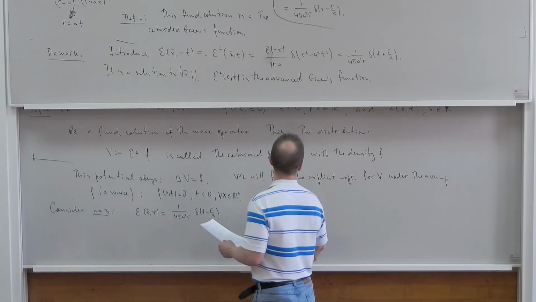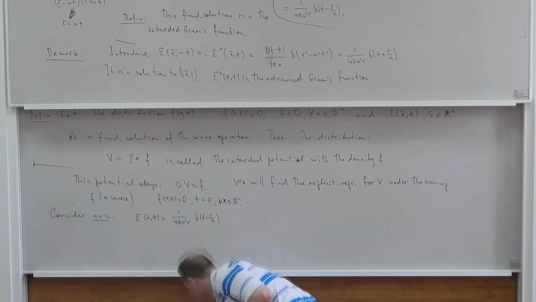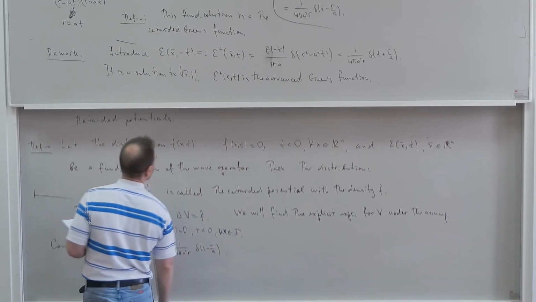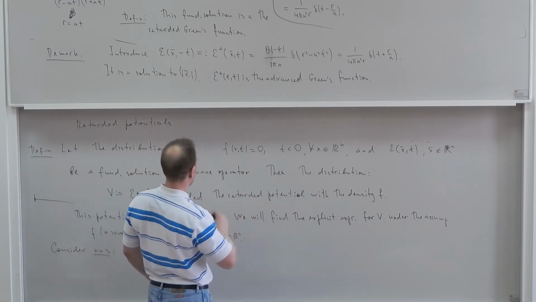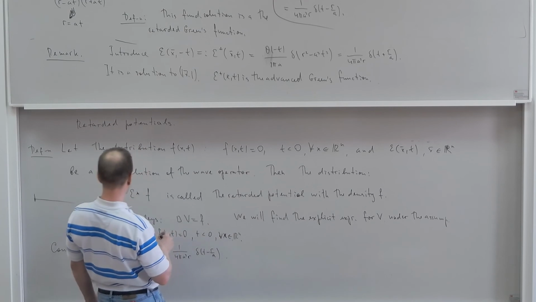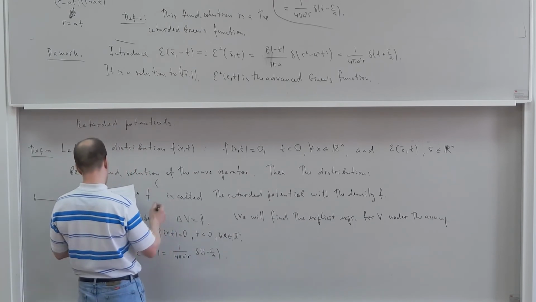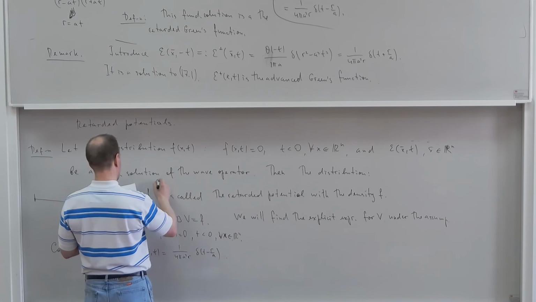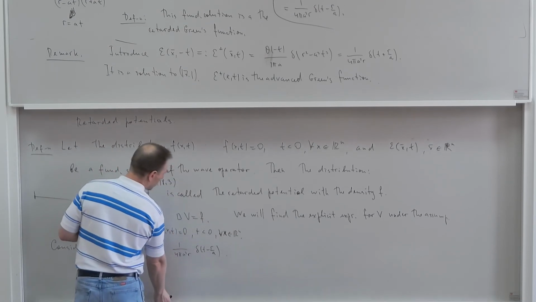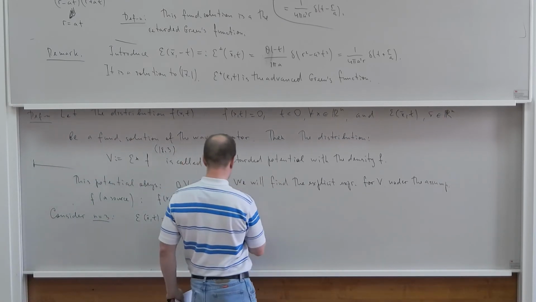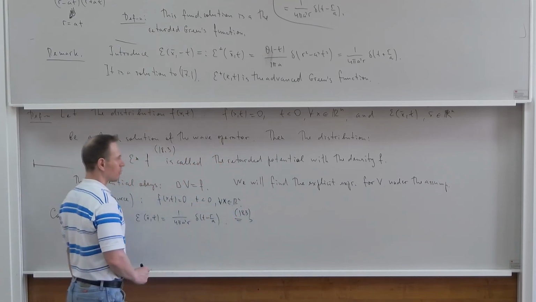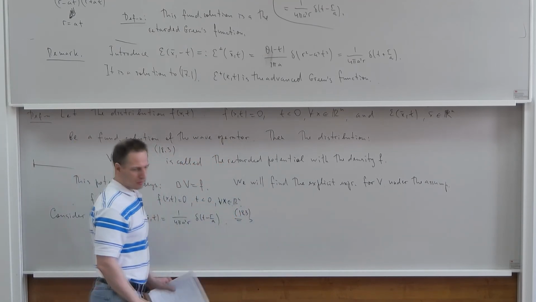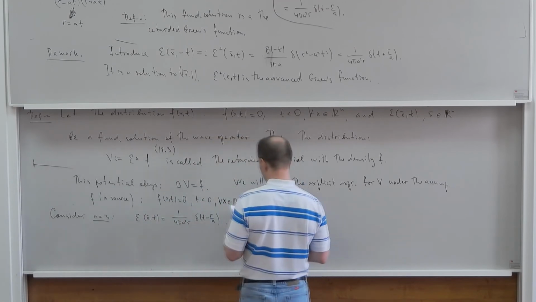Let me number the formula, this formula 18.3. Then from formula 18.3, by using the definition of convolution for a generalized function, we have this.